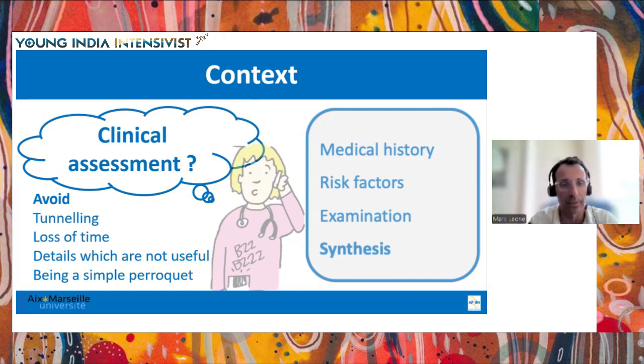That's a tunneling effect, and it's really important to avoid this. We should have an open mind when we have a patient, and not just follow the diagnosis proposed by the previous doctors, but try to keep an open mind to consider every possible diagnosis.